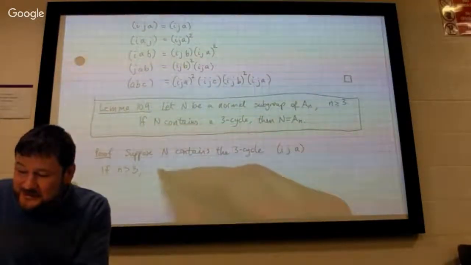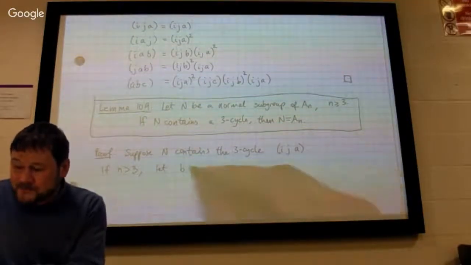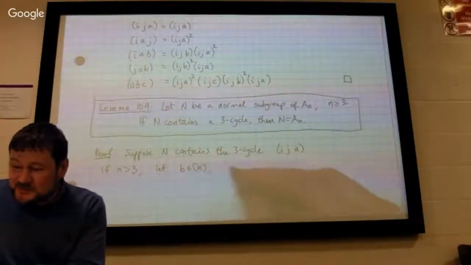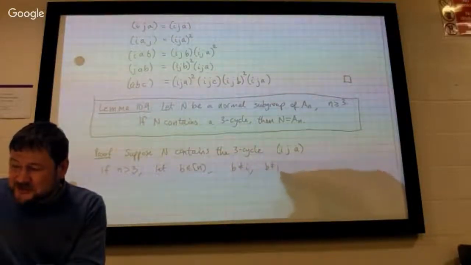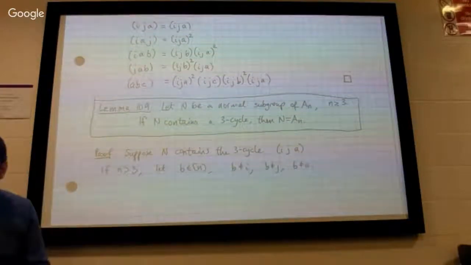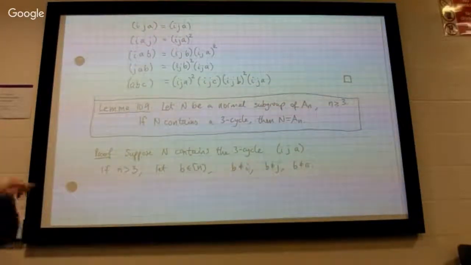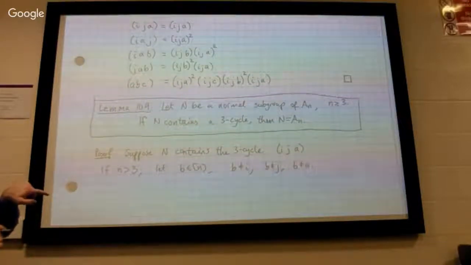then we take a number which is not i, which is not j, and which is not a. And what we want to prove is that (i j b) is also in N. And like this, we'll get all the (i j something)s.